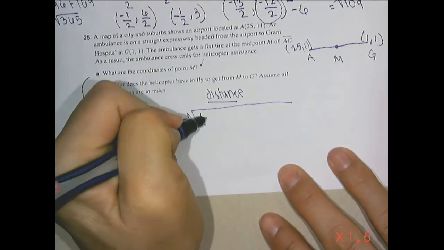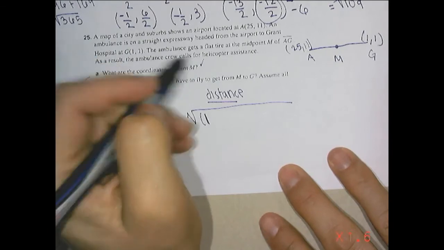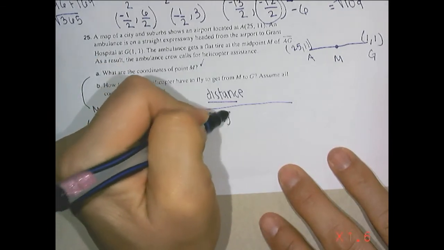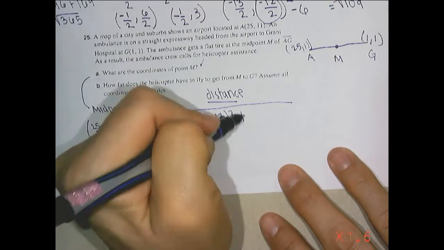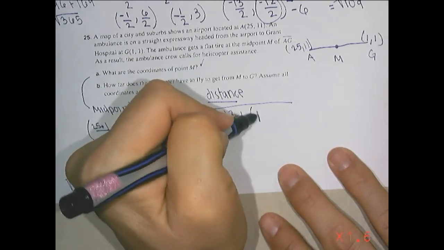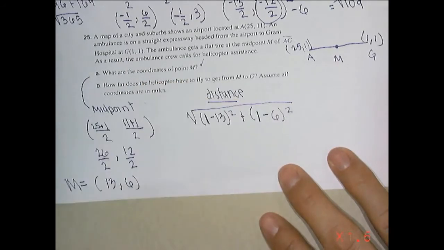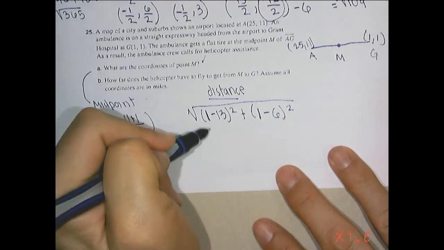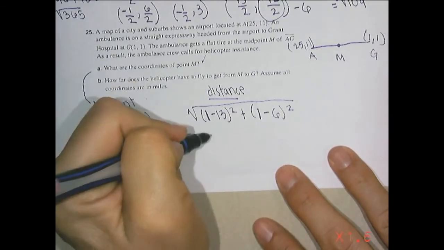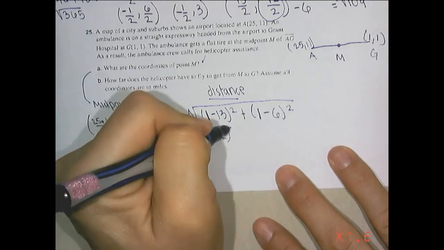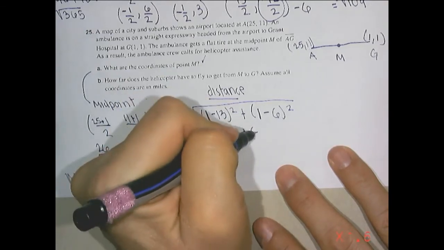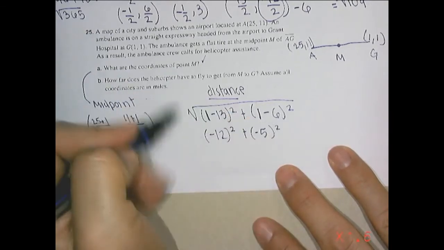We're going to take our y, which was 1, or y2, minus 13, and square it, and add it to our x, which was 1, minus 6, and square that. Well, 1 minus 13 is negative 12, and that will still be squared. And 1 minus 6 is negative 5, and that still needs to be squared.